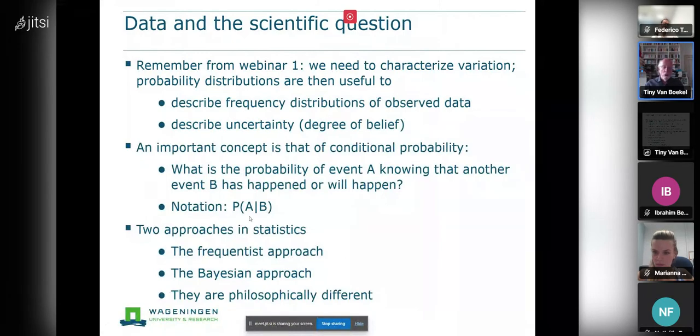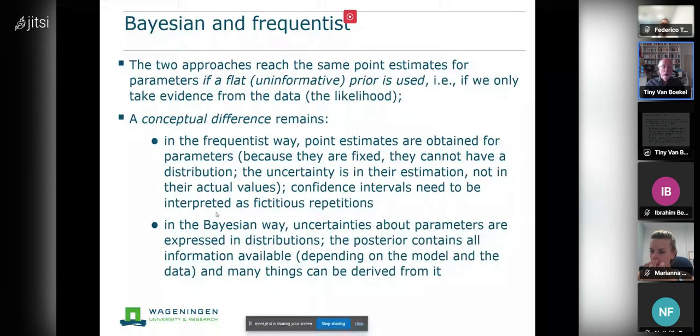And we also discussed the two approaches that there are, the frequentist one and the Bayesian one, and that they are usually giving more or less the same numerical results, but they are philosophically quite different. So that's what I also wrote down in this slide. The two approaches come to the same conclusion in terms of numerical estimates. But the frequentist approach gives only a point estimate, so one value, whereas the Bayesian approach gives a complete probability distribution.